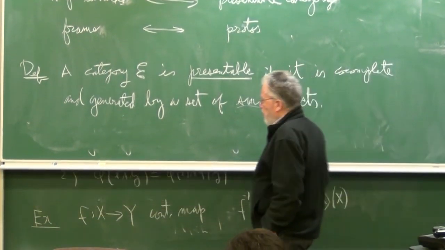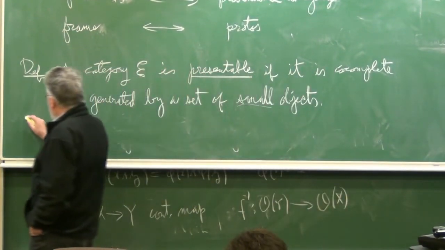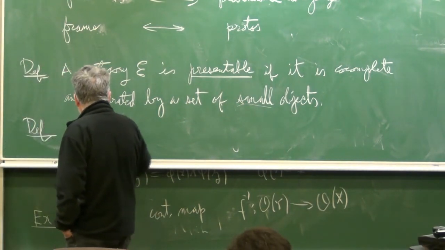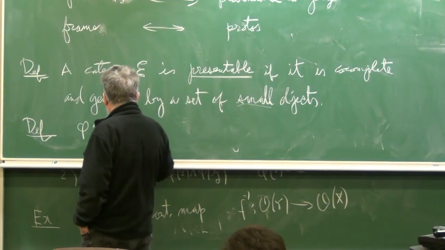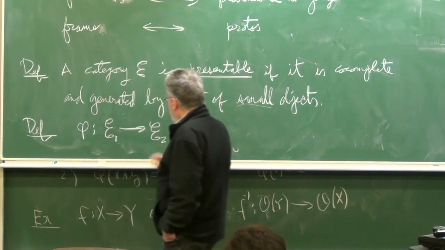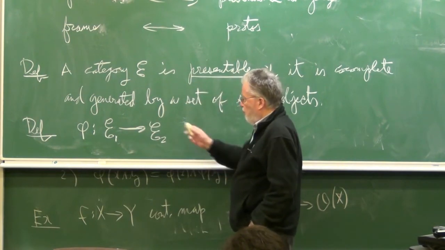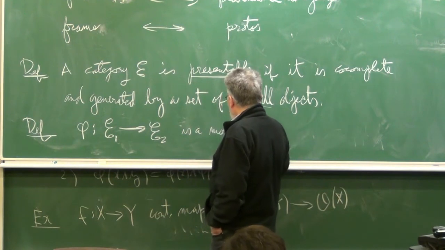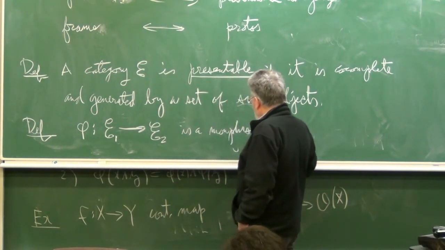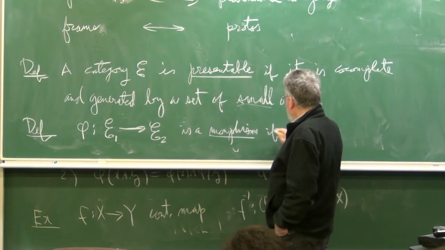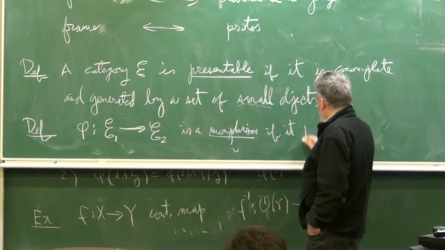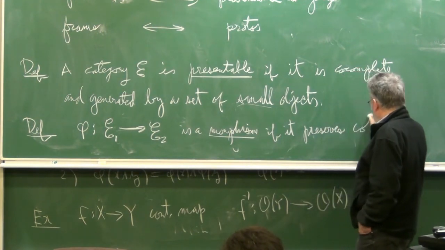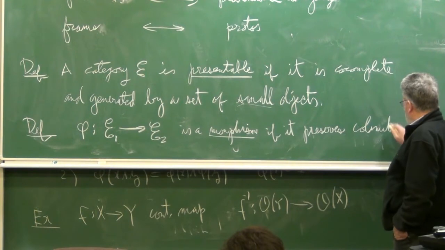And a morphism of presentable categories is a functor, a functor is a morphism of presentable categories if it preserves colimits.